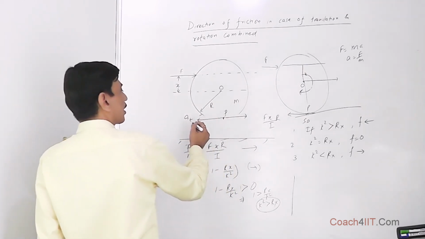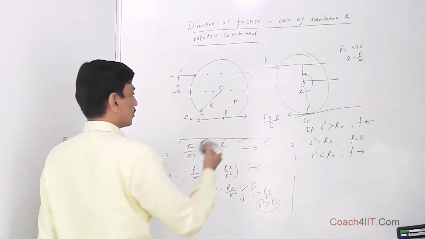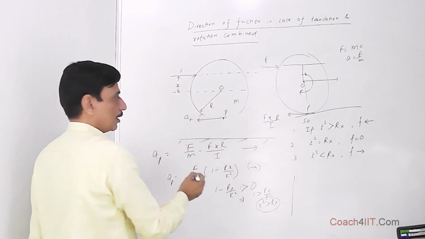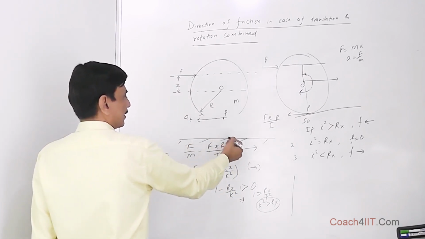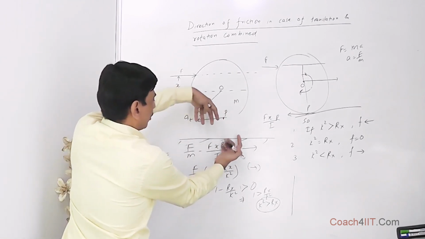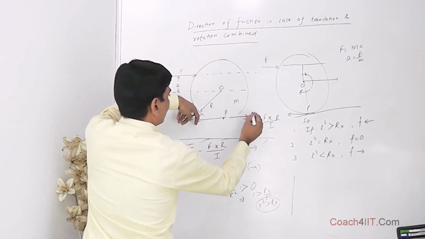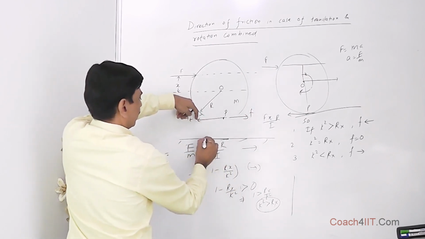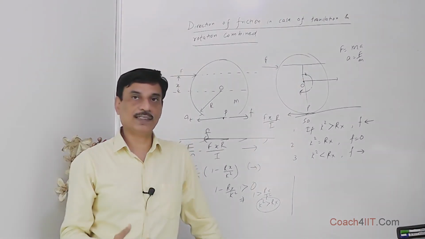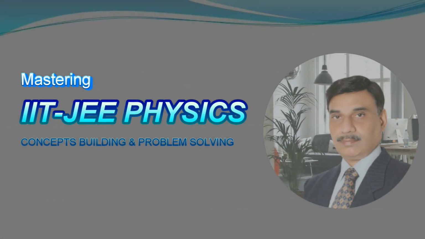If A tangential comes out to be bigger than the translational acceleration, then the net acceleration is going to be in the other direction, so this point has a tendency to move that way. As a result, because of irregularities, the friction force onto this body will be in this direction, and onto the surface it will be in the opposite direction. And so we can easily find the direction of frictional force.